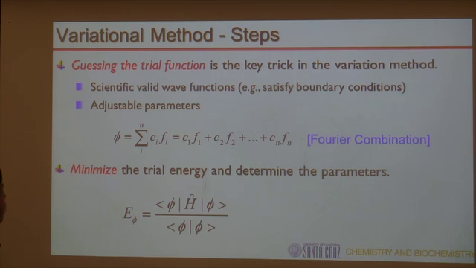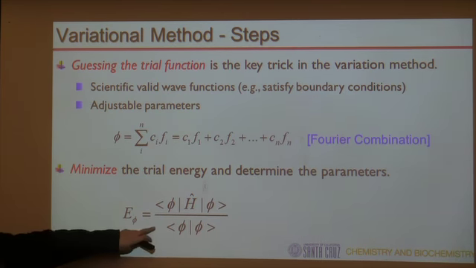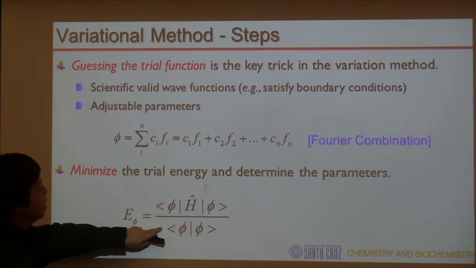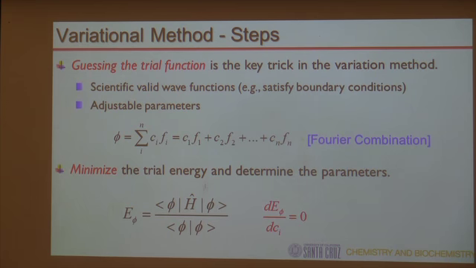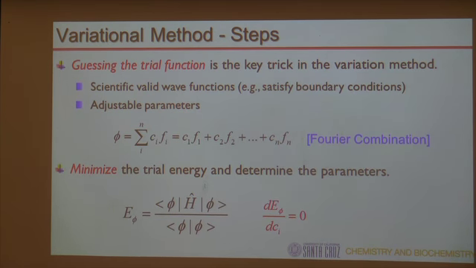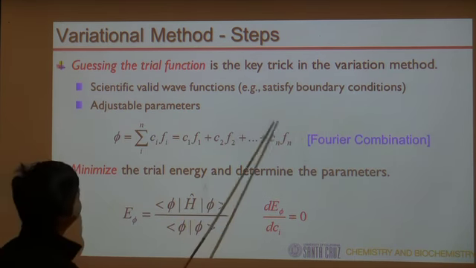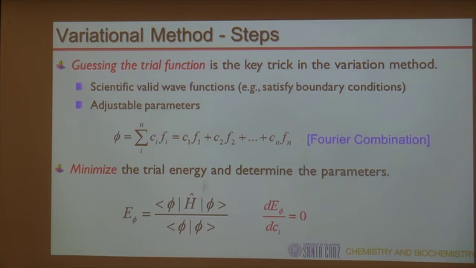The next step is to minimize the trial energy. First you evaluate your trial energy, and then you minimize it with respect to each coefficient c. Let's say you keep c2 to cn constant, fixed, and you only change c1.